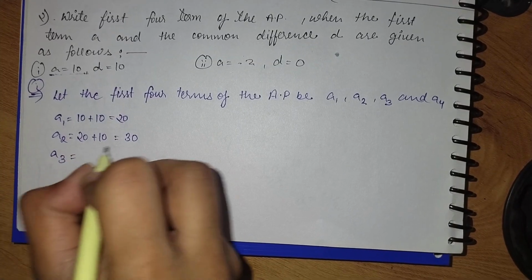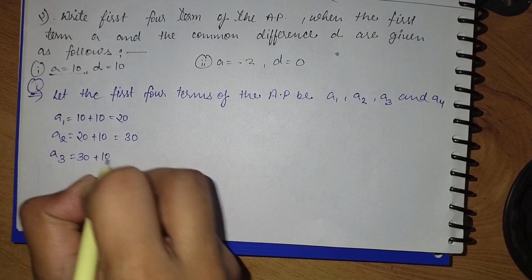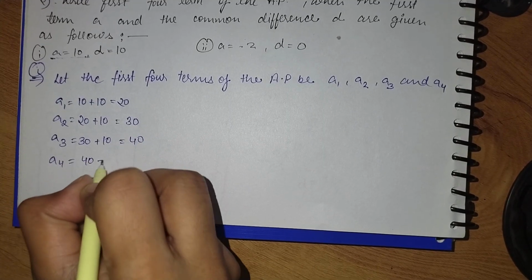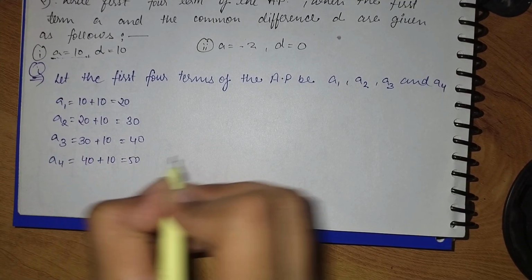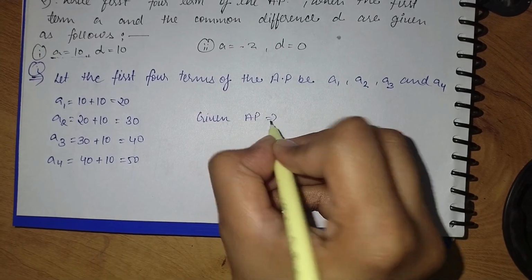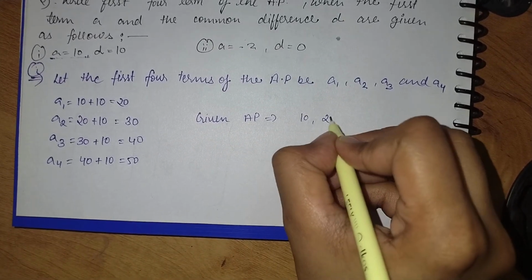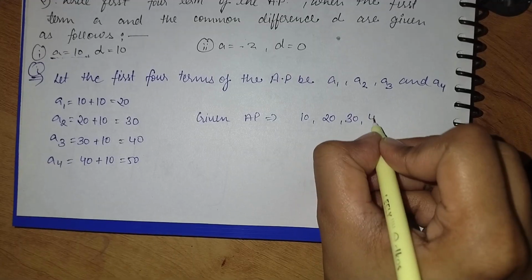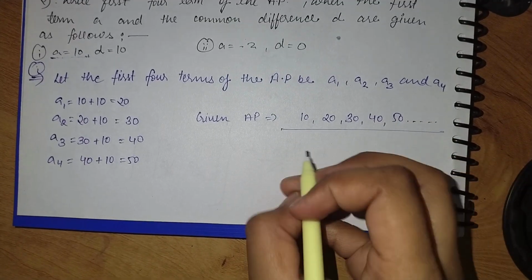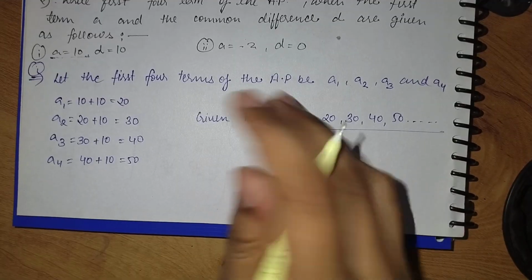Again A3 will become 30 plus 10, that is 40. And A4 will become 40 plus 10, that is 50. So the given AP is 10, 20, 30, 40, 50 and so on. This is the answer of the first part.